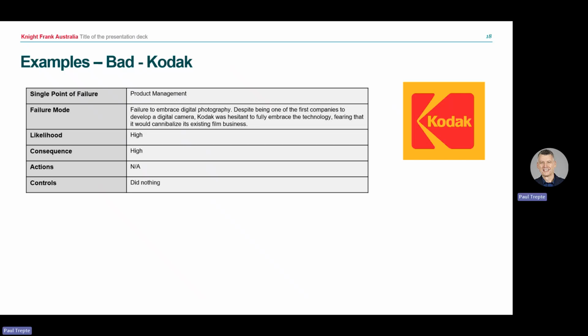We cannot talk about real-life examples without considering an example of poor risk management. Kodak was once the largest provider of film, cameras, and processing facilities in the world. They had the biggest share of the market and employed thousands of people across multiple countries. During the late 70s, Kodak's technical team invented the first digital camera. However, Kodak felt that this new technology would cannibalize their existing sales of film and related services.